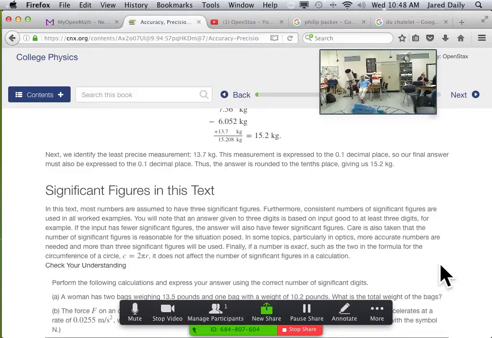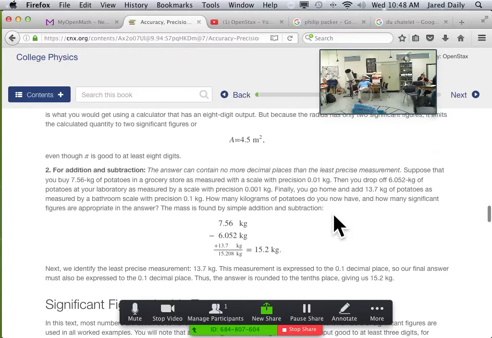So significant figures depend on the size and precision of your measuring devices, but they also depend on the mathematics that you use and the other measurements that you have. So when you're doing mathematics, it affects what numbers become significant.